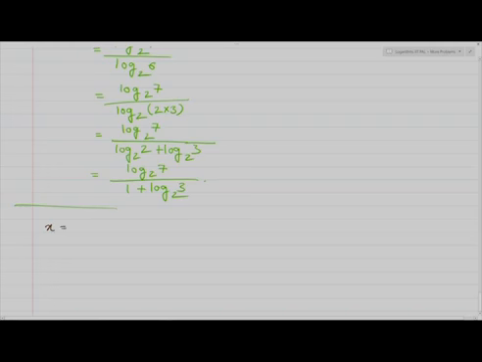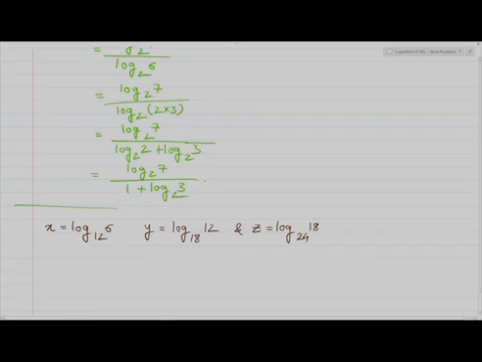So x is equal to log of 6 to the base 12, y is equal to log of 12 to the base 18, and z is equal to log of 18 to the base 24. Okay.